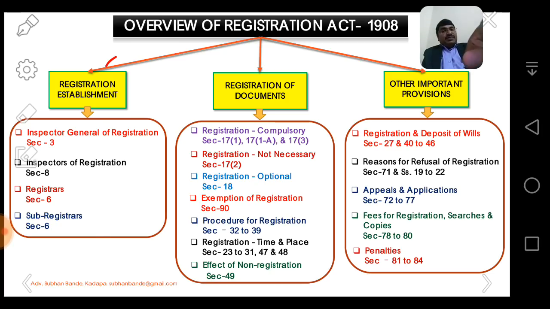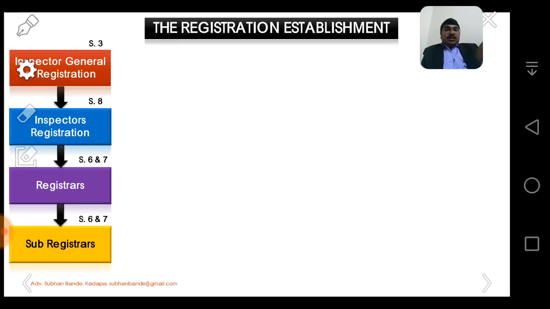Let us discuss the first part, that is registration establishment. This is Inspector General of Registration, Inspectors of Registration, Registrars, Sub-Registrars. Here, the state government shall appoint the registration establishment in their state.